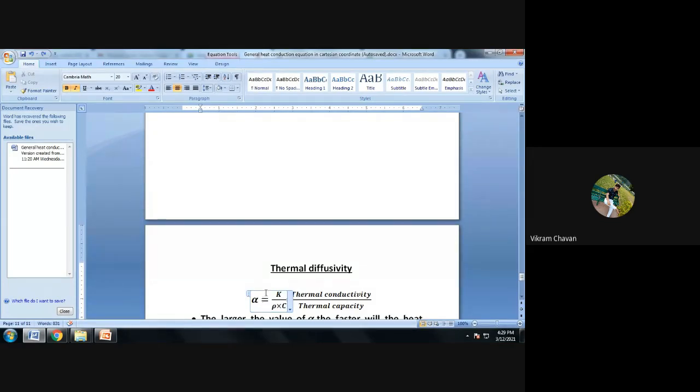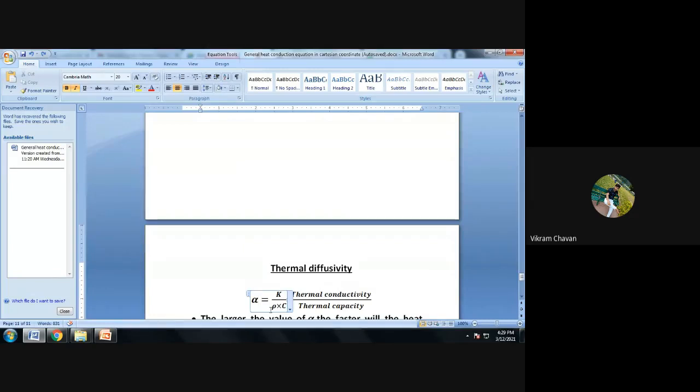When thermal conductivity is more and thermal capacity is lower, alpha will be more. If thermal conductivity is lesser and thermal capacity is more, alpha value is lesser.